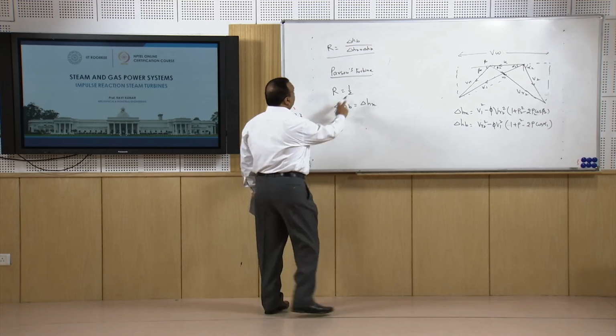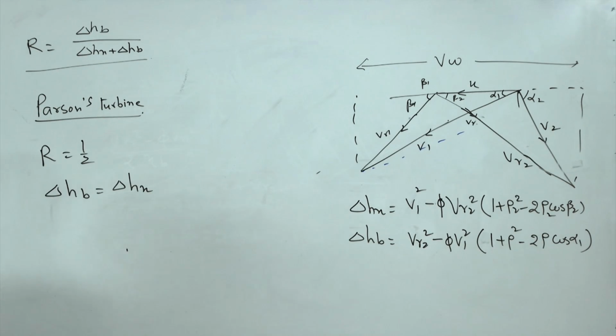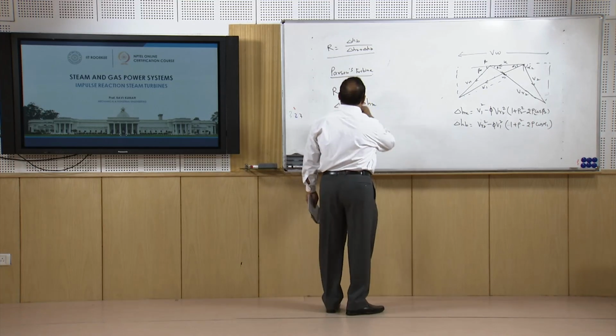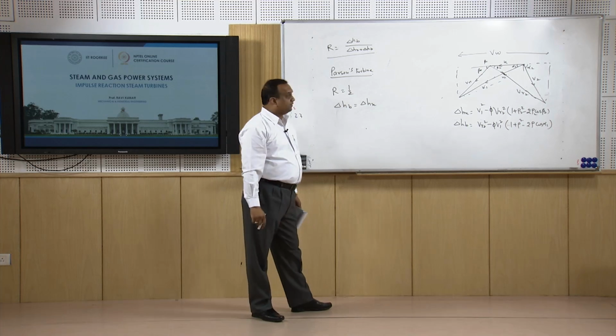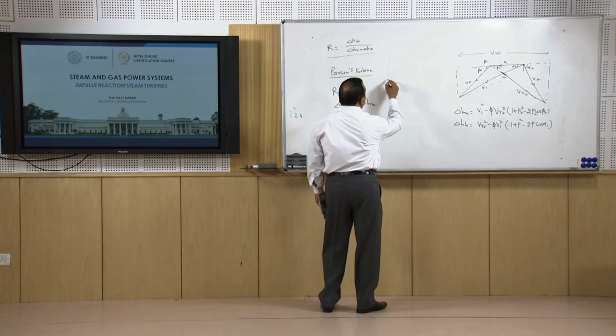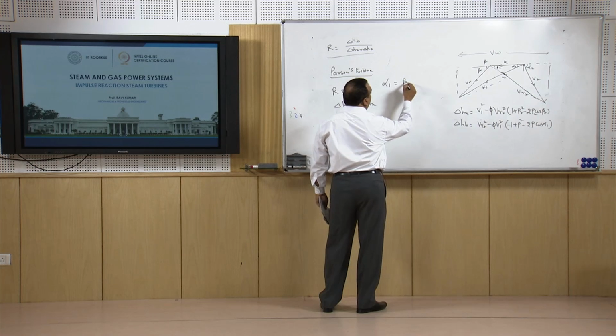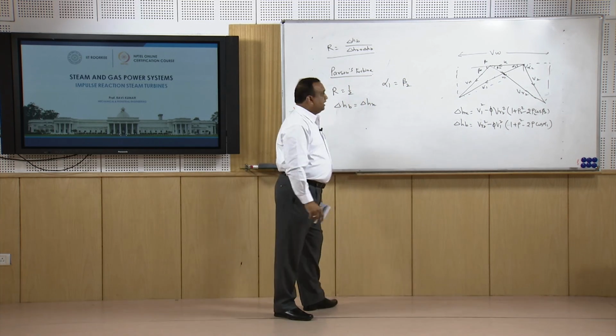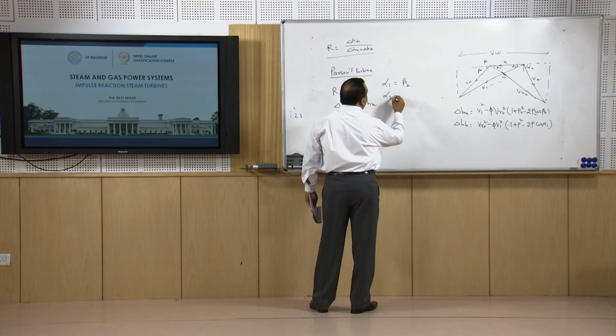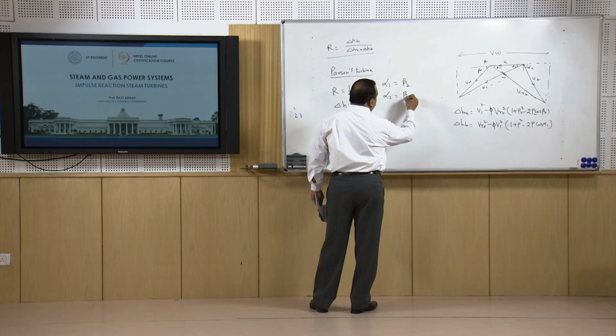Only in that case, R is going to be half. Another characteristic of Parson's turbine is that nozzle inlet angle is equal to blade outlet angle, and nozzle outlet angle is equal to blade inlet angle.